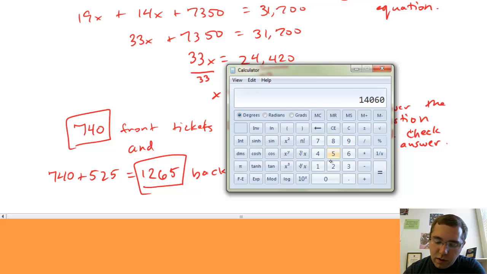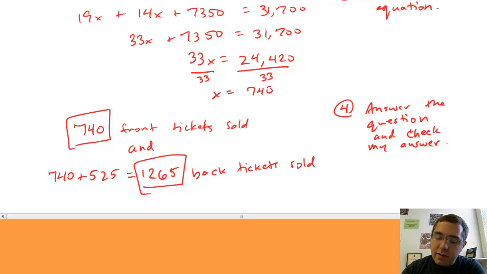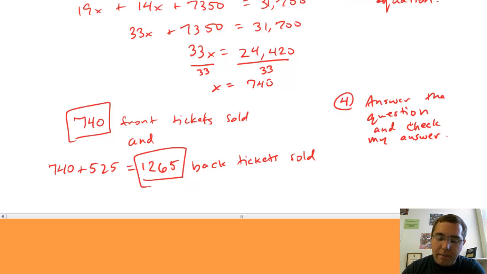If I take 14 times 1,265 and then add 14,060 to that, I get 31,770, which is exactly what it was supposed to be. So I can always check my answer, make sure I did the problem correctly.